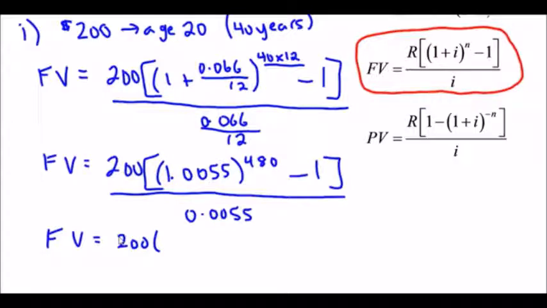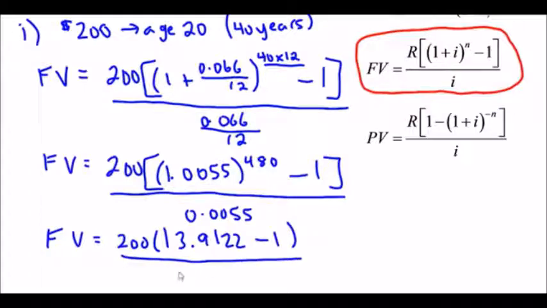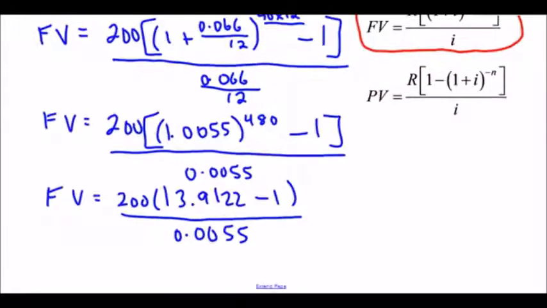Sorry, 1.0055. Boy, oh boy, that was almost an amazing investment. 13.9122. Subtract 1. I guess I could have done that. Oh well. Divide it by 0.0055. So what do we get?